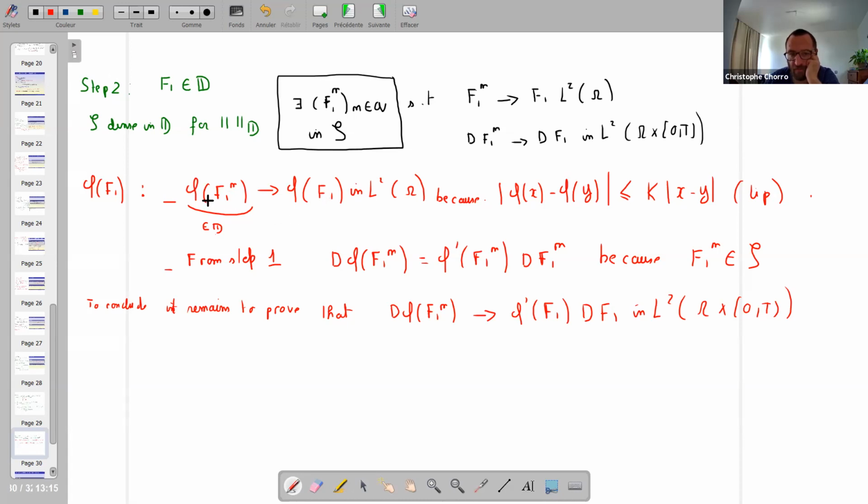If I prove that the related derivatives are convergent, I know that the limit is in the domain, because the domain is complete and so closed, and that the derivative of the limit is equal to the limit of the derivative. So if I prove this, this sequence is convergent with a limit that is this one.